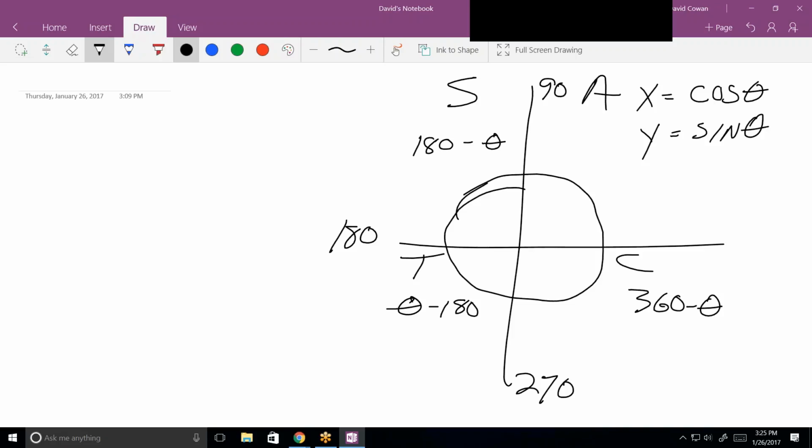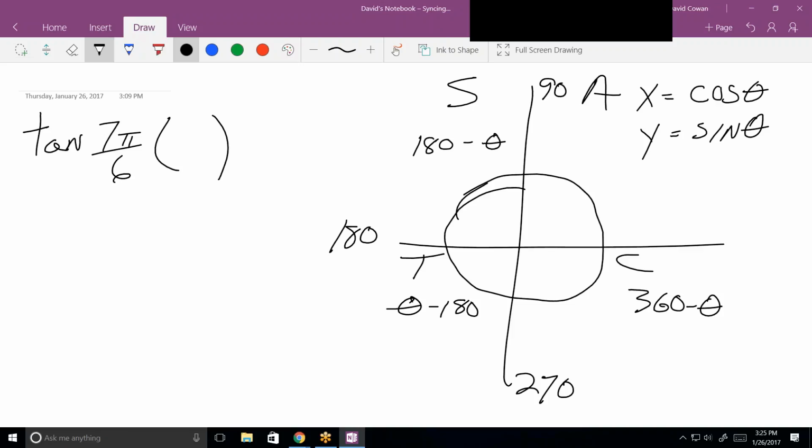So the next question is asking to find the exact value of each expression. It is tangent of 7 pi over 6. Which quadrant's that? 7 pi over 6, third quadrant?